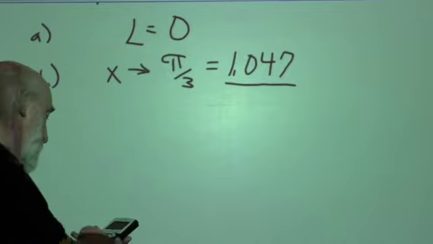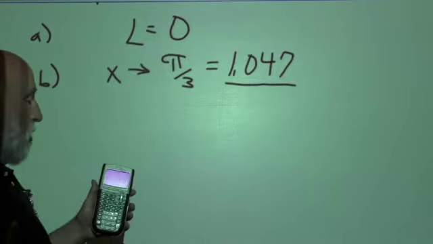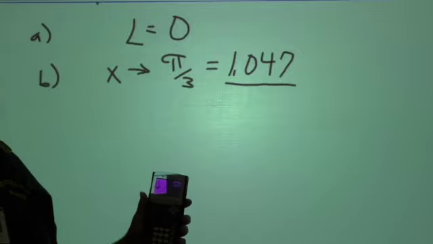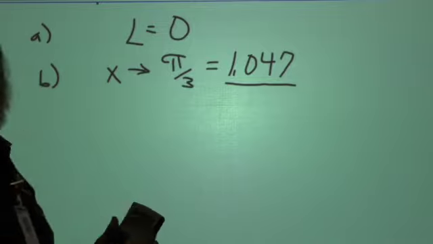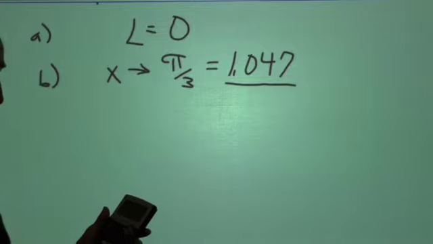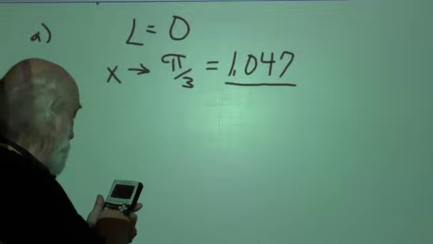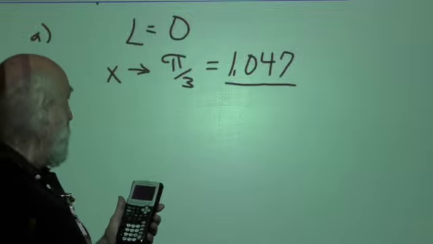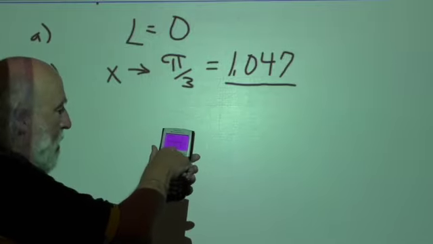Okay? So we hit graph just to take a look at what the old graph was. We don't have to go through the whole process again. Once you've made the graph, you can go back to the graph by hitting the graph button. And now we're going to hit trace, and it's at 0, 0 again, and we want to go to 1.047 for x. You look at the bottom there, x and y.